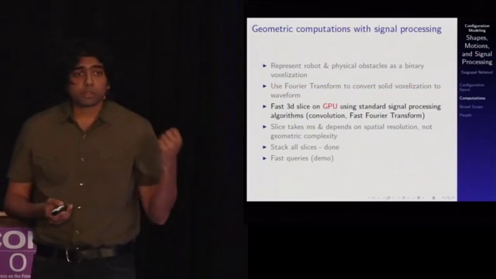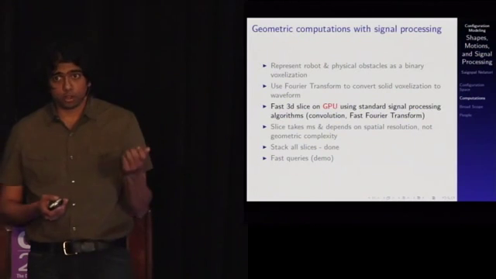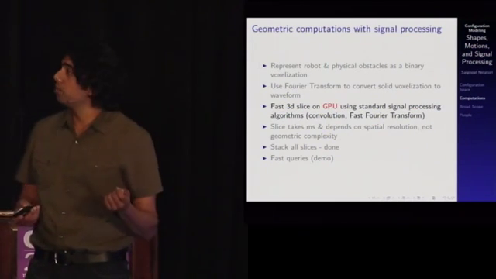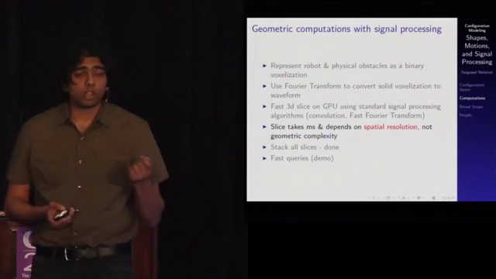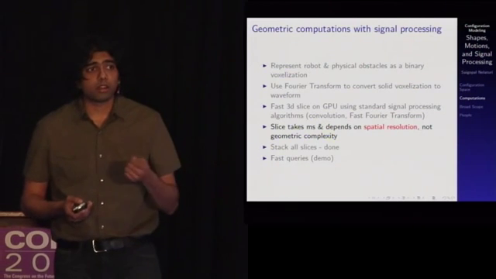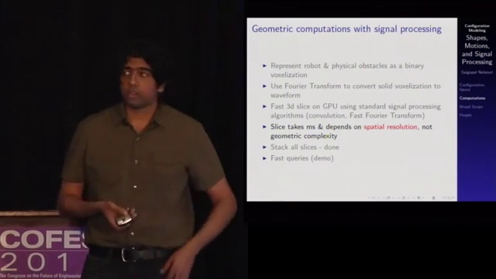Using this representation of shapes, we can apply signal processing algorithms like convolutions and fast Fourier transforms, which can be used to very quickly compute each of those 3D slices on the GPU. The Fourier transform is one of the flagship parallel applications on the GPU, and CUDA has free implementations as well.